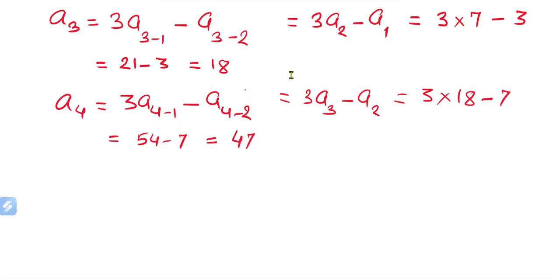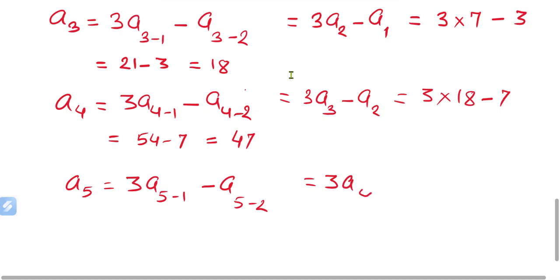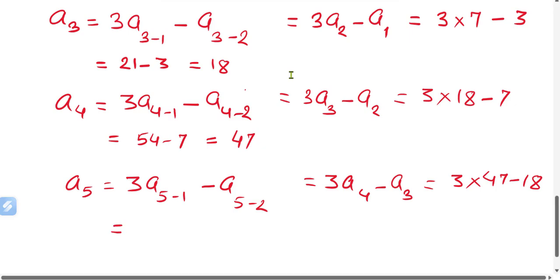You can find a5 as well, which is again 3 a 5 minus 1 minus a 5 minus 2. Now this is 3 times a4 minus a3. 3 times a4, which is 47, minus a3, which is 18. That means 47 times 3, which is 141, minus 18.